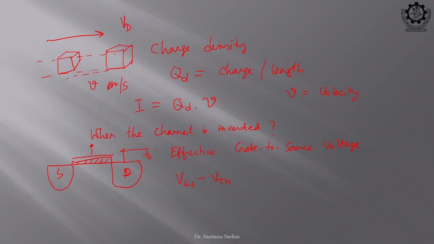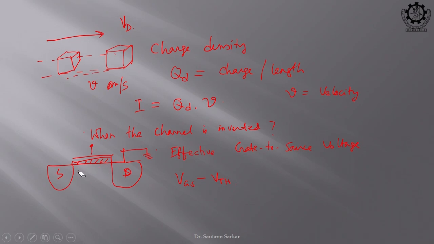Whatever VGS we apply will be effective throughout the channel. Clear? Suppose there is no drain voltage. Whatever vertical field VGS is providing will be effective to make the channel field.